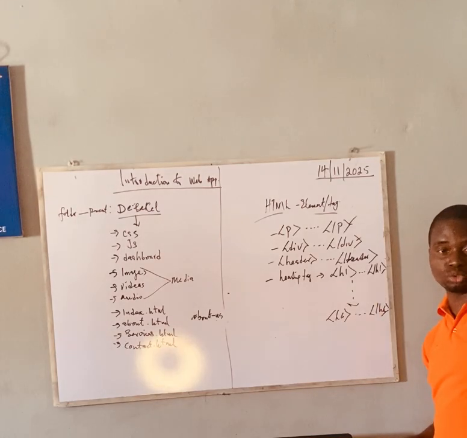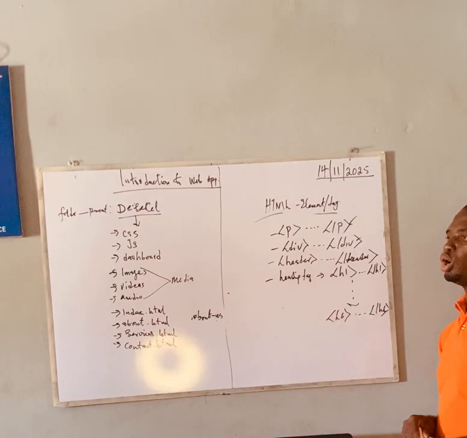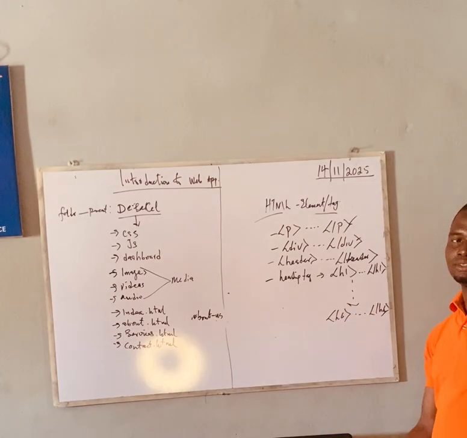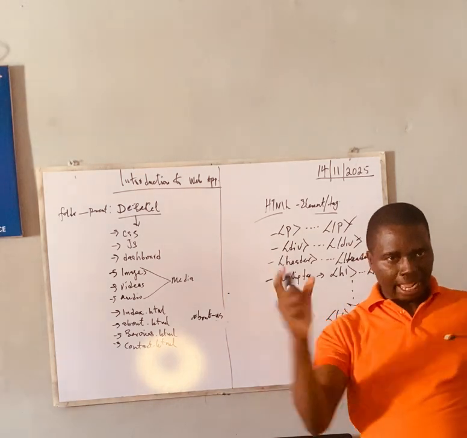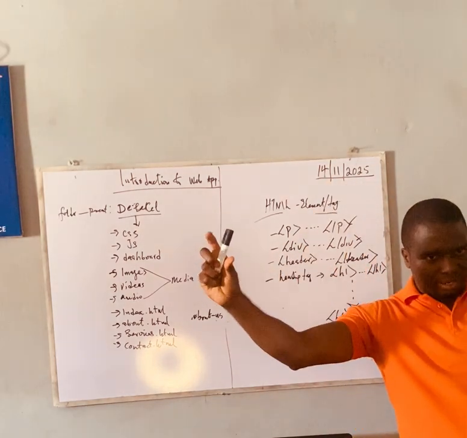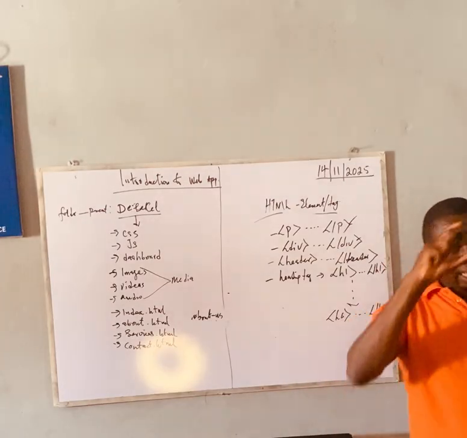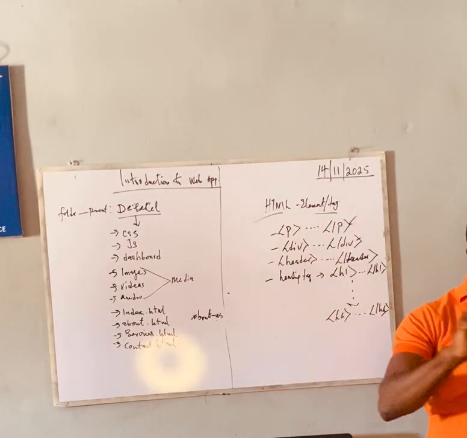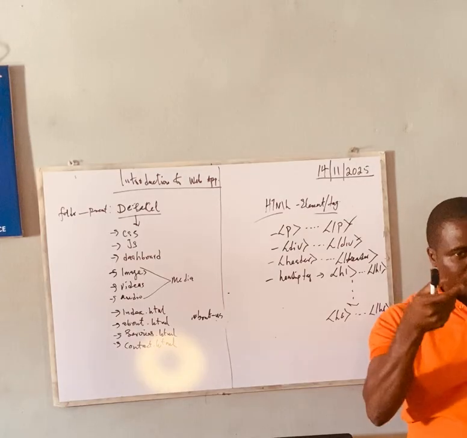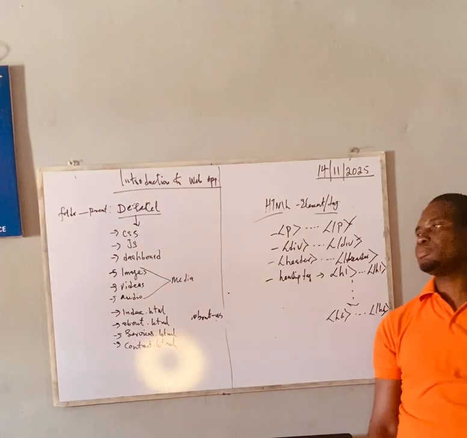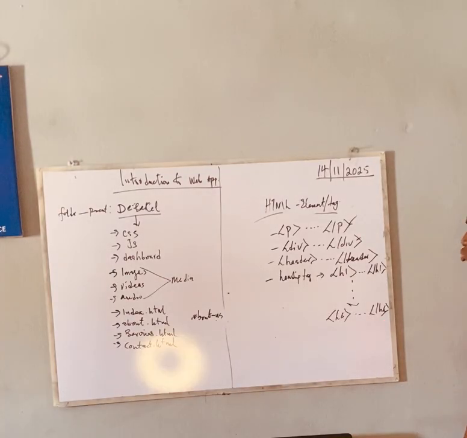H1 is the biggest. Are we together? Good. So what is it used for? Just as the name implies, heading. So you open a book, there is a heading. Either it says chapter 1 or it says introduction. Are we together? That chapter 1 will be bigger than introduction, right? And introduction will be bigger than the text. Good. So that is it.